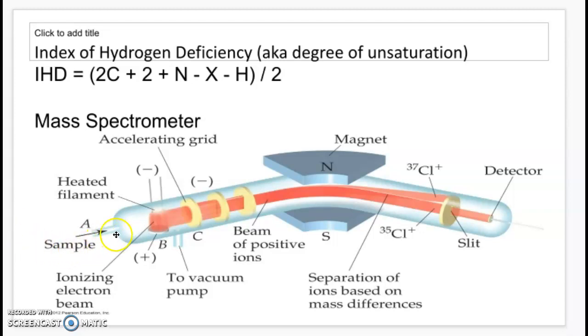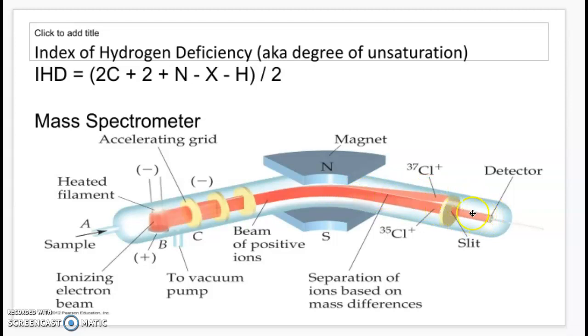The mass spectrometer, you should remember how it works. The sample goes in here at the beginning. It is ionized, so it ends up with a charge. It is then accelerated through this part, and here there's a big magnet. The magnet is what deflects it, so that the things that are heavier are deflected less, and the things that are lighter are deflected more.